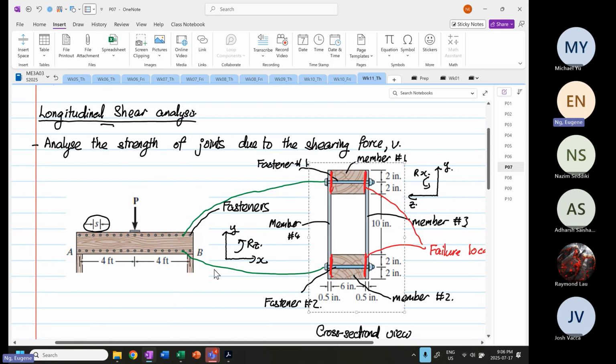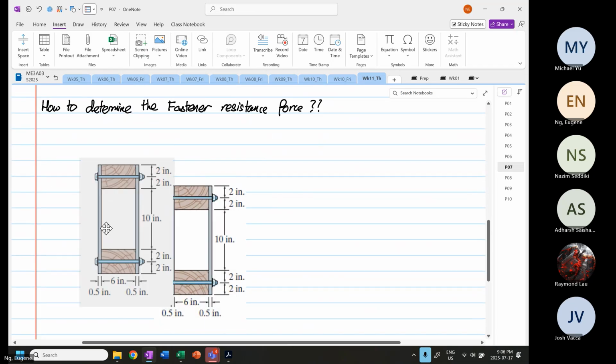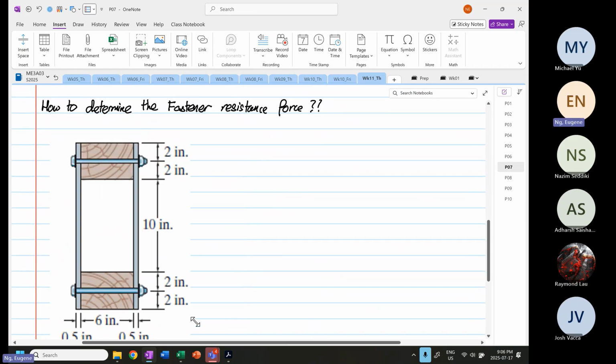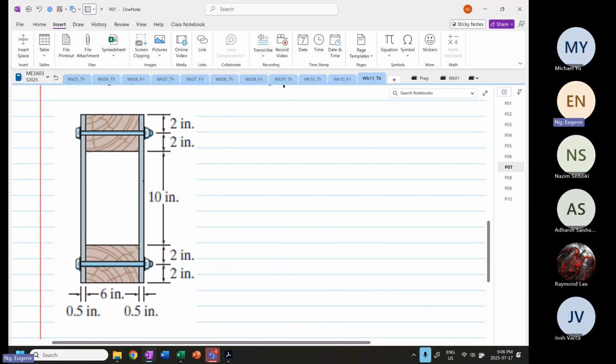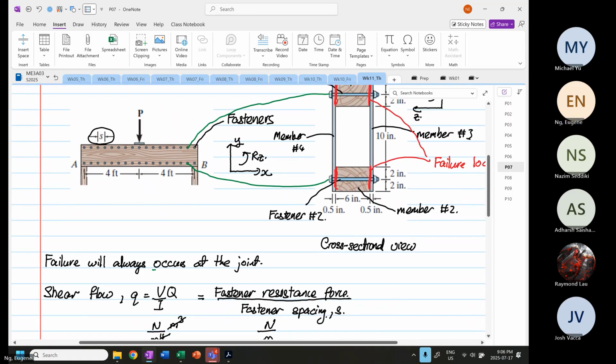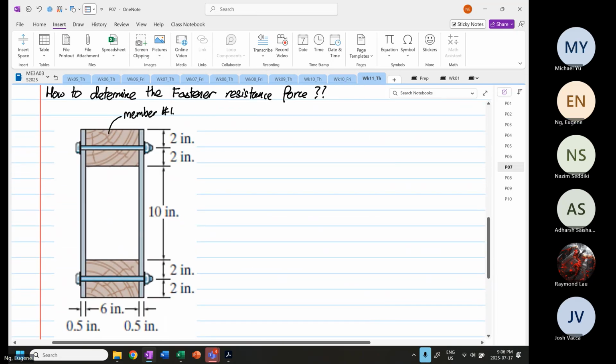And there's a rule that I want to highlight. So we know that these are known as the members, member number 1, and then we have member number 3 and 4, and then member number 4.